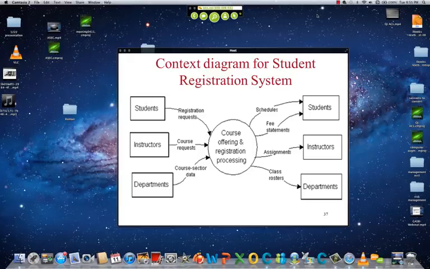So does it make sense to have this input from students, which is a registration request? Good. Again, they made this up. You may or may not put it, so it won't be a huge mistake if you didn't put this. If you read the narrative, it's nowhere there, but you may come up with this.